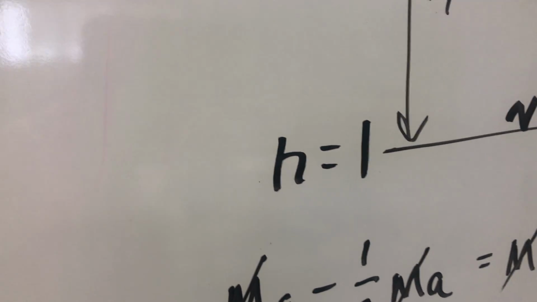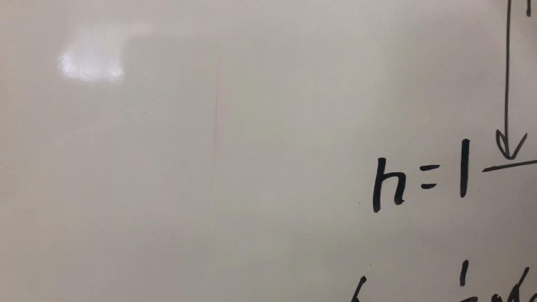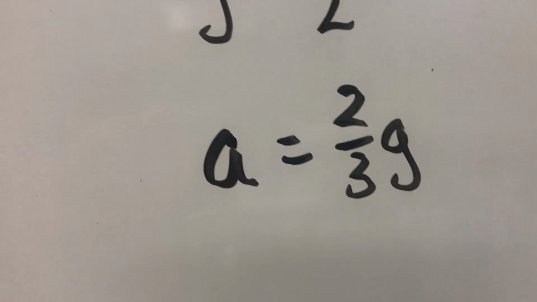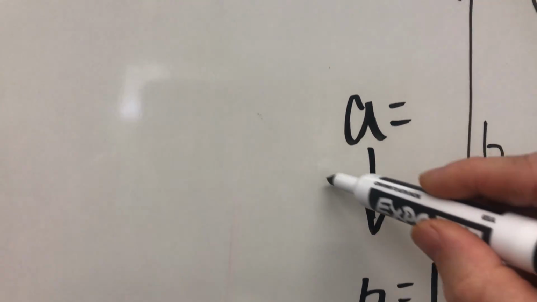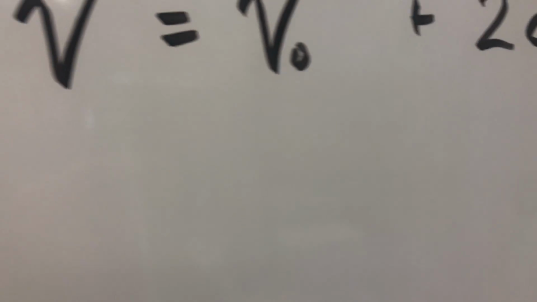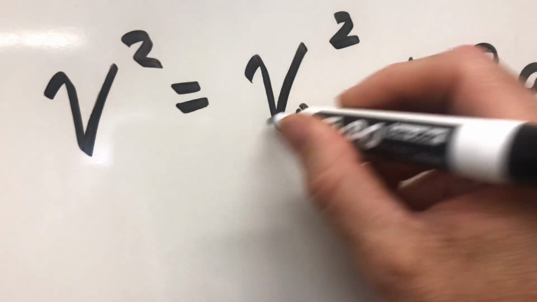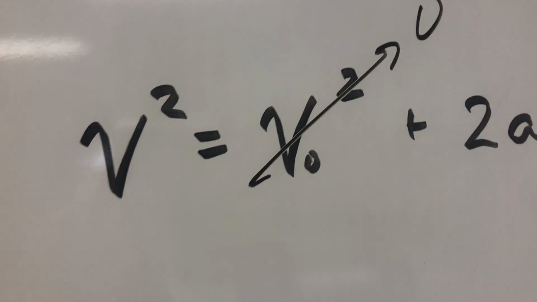I know I'm going down, but this isn't a free fall question, so I'm just going to call it positive. The reason why I did it that way is my acceleration came out to a positive acceleration. So I'm going to make this positive in my frame of reference, if we're being nitpicky about semantics. So v0 squared is 0.